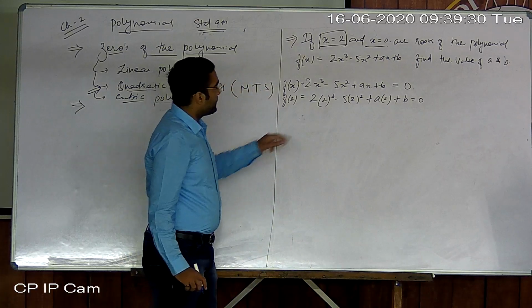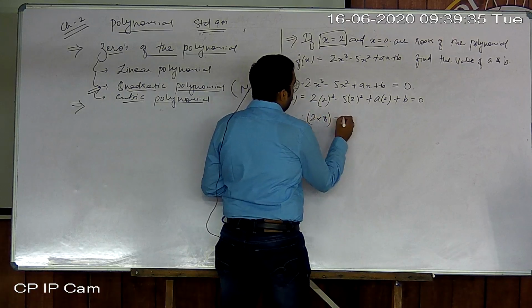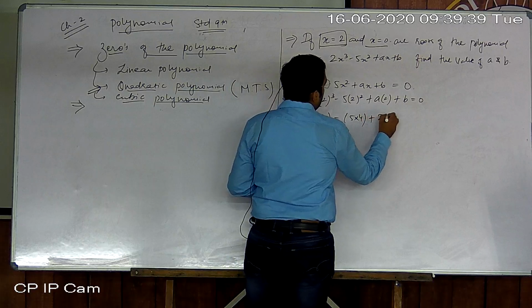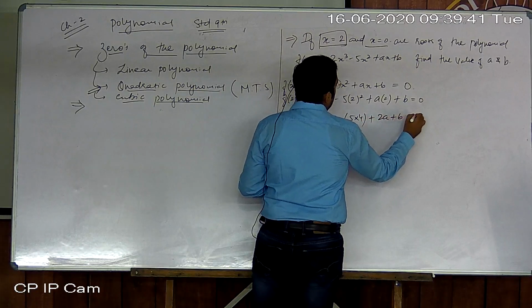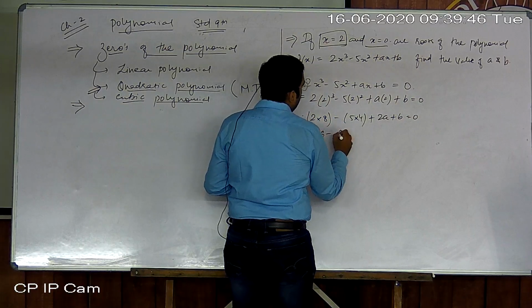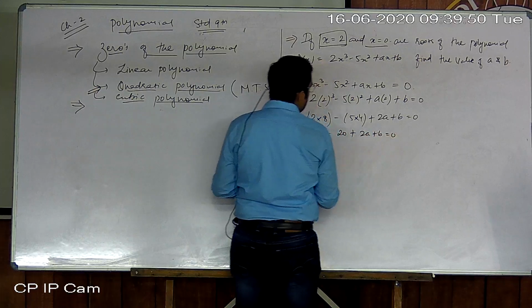Therefore 2 into 2 cubed is 16 minus 5 into 2 squared, that is 4, 20, plus 2a plus b equal to 0.